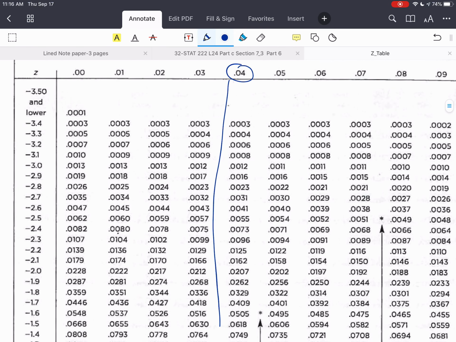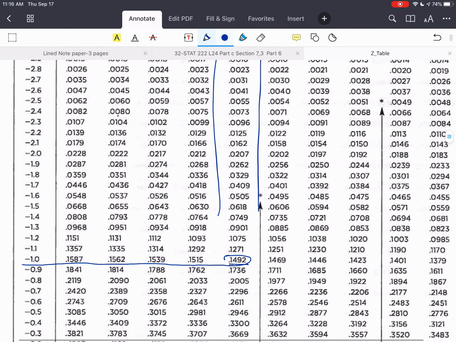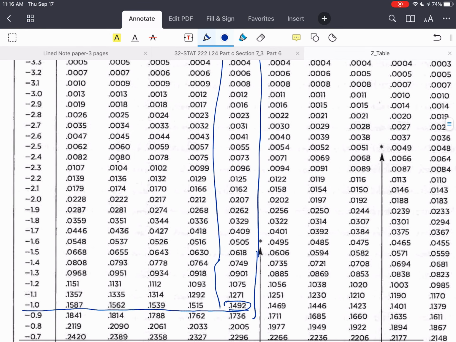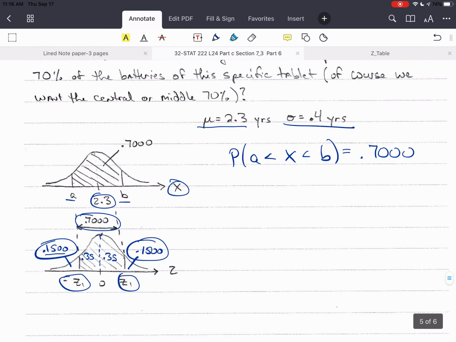Okay, so if I pull this down and then scroll back down, we can see 0.1492 is the closest, and that gives me a negative 1.04. So this is going to be a negative 1.04.